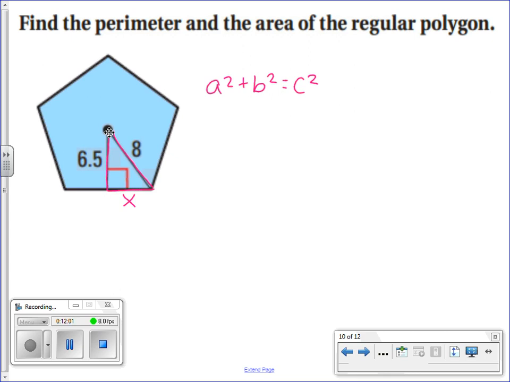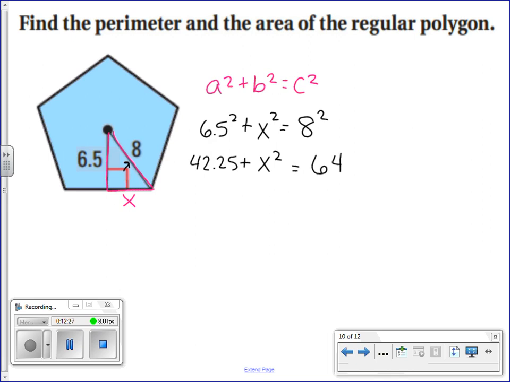So a is going to be 6.5. B is going to be my x. And c is the hypotenuse, which we see is 8. I can simplify this. So 6.5 squared is really 42.25. X squared just stays as x squared, and 8 squared is 64.